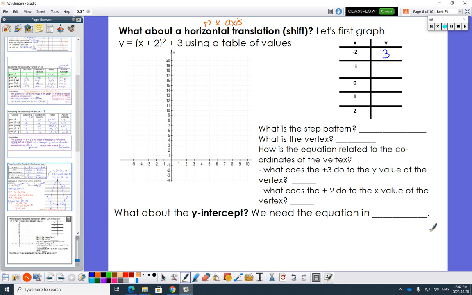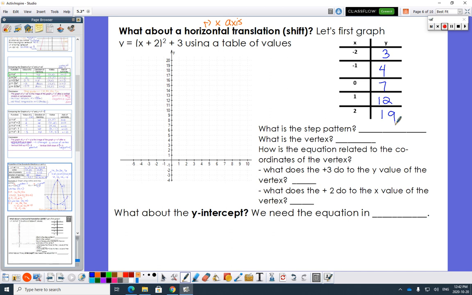Negative 1 plus 2 is 1, squared is 1, plus 3 is 4. 0 plus 2 is 2, squared is 4, plus 3 is 7. 1 plus 2 is 3, 3 squared is 9, plus 3 is 12. 2 plus 2 is 4, squared is 16, plus 3 is 19.